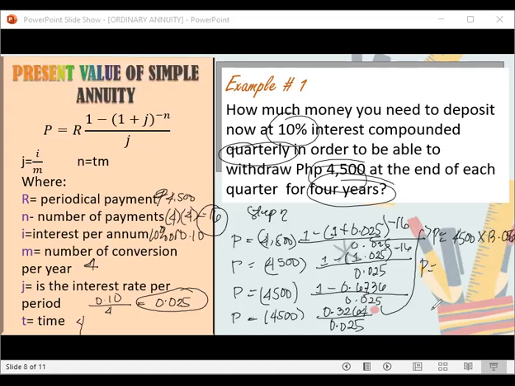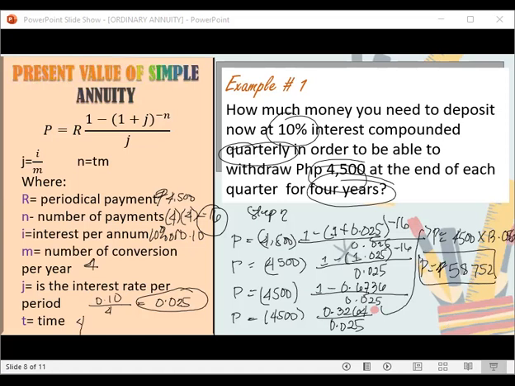So 4,500 times 13.056, the answer is 58,752 pesos. So kailangan niya po mag-deposit ng ganyang kalaking pera para makapag-withdraw ng 4,500 each quarter for 4 years.